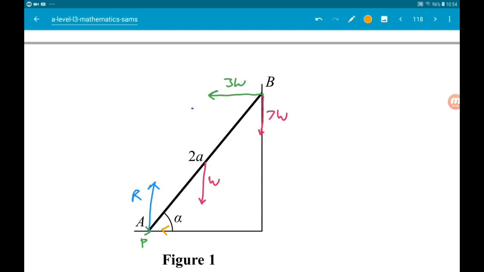Now, the first thing we should mention is that because his weight is going to be acting down through point A, the moments about A are going to be unchanged. So none of the forces up the ladder are going to be changed. So that's not going to affect the reaction force on the wall.